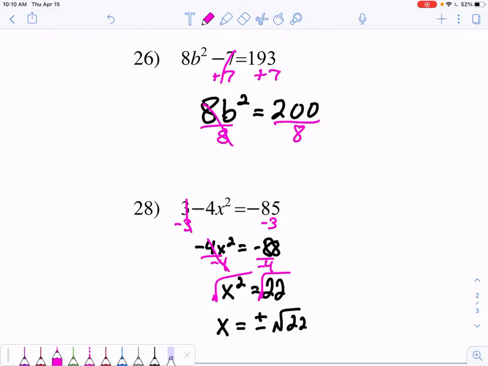Good. What is 200 divided by 8? Yeah. So you have b squared equals 25. What do you do next? Good. And what do you get for your final answer? Yeah.